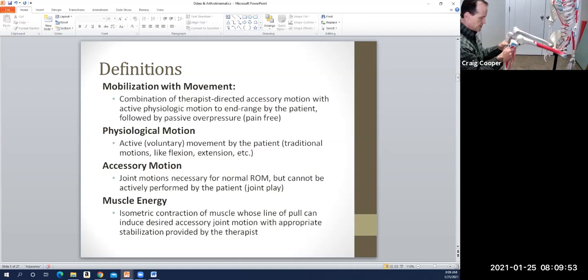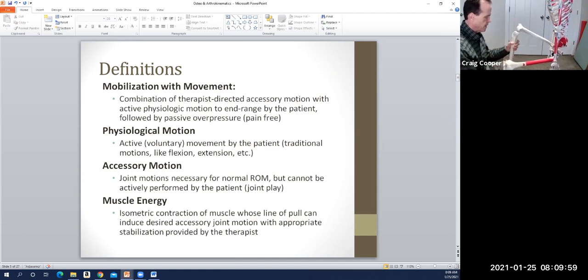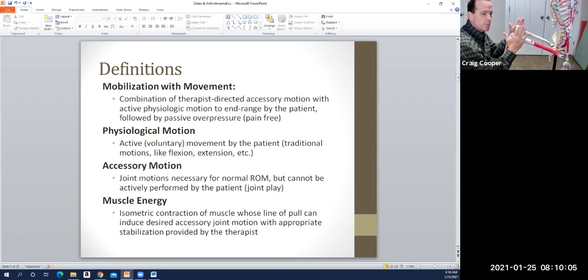you can get your patient in supine like this. One technique that can be used for SI problems is to put your hands on the outside of the person's knees and block them from moving, and then have them do an isometric hip abduction. So they're trying to push their legs apart.